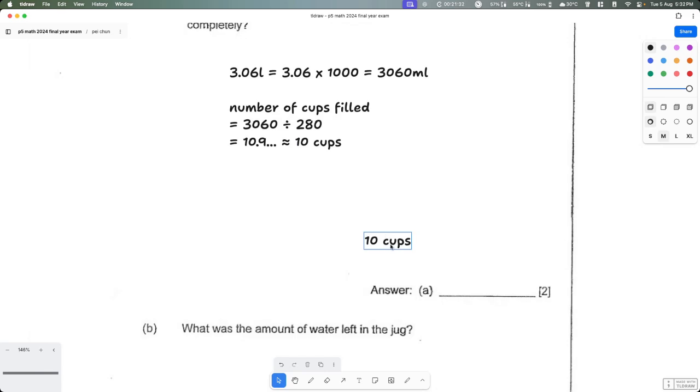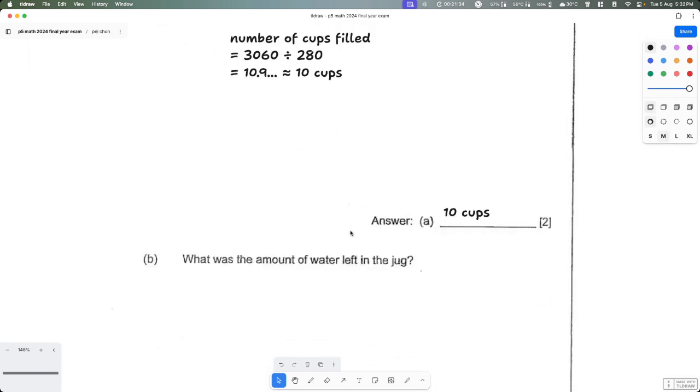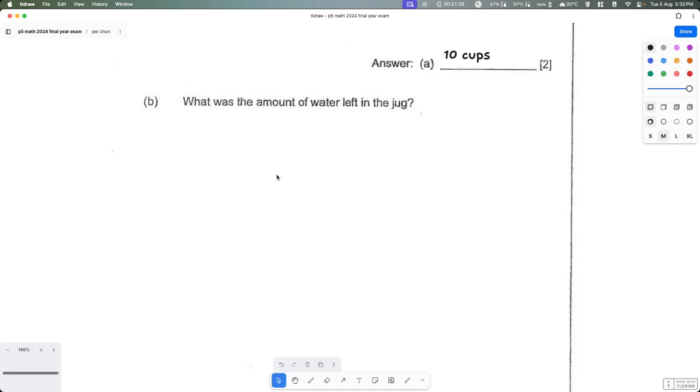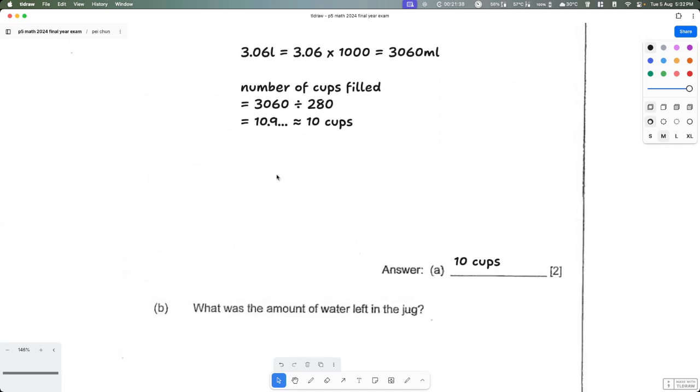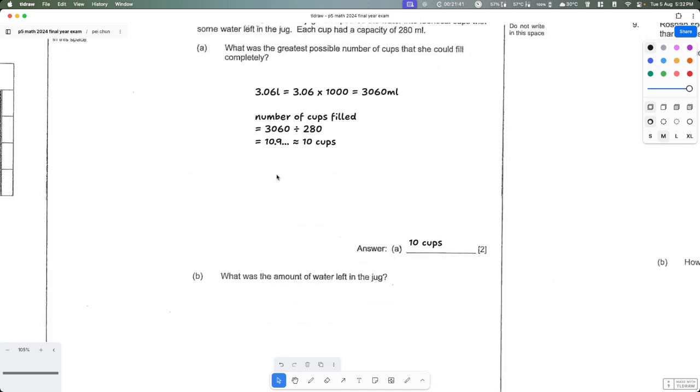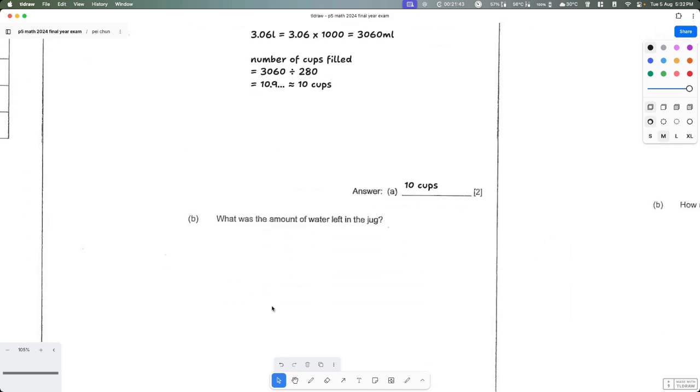All right. Okay, let's move on. What was the amount of water left in the jug? In this case, we have 10 cups. So the volume of all cups filled is equal to 10 times 280, which is 2800 milliliters.